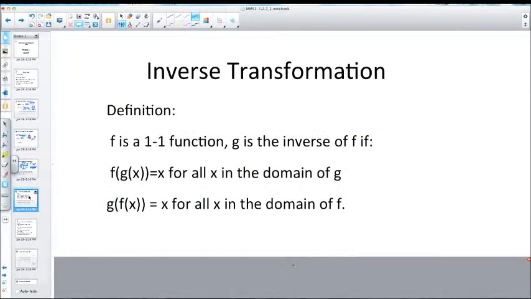So to look at more examples, we're going to consider inverse transformation. We know what a transformation is. We have rotation, projection, reflection, and all sorts of transformations.